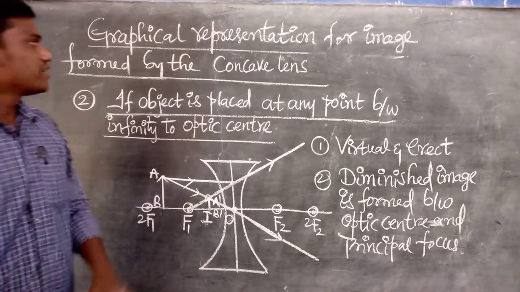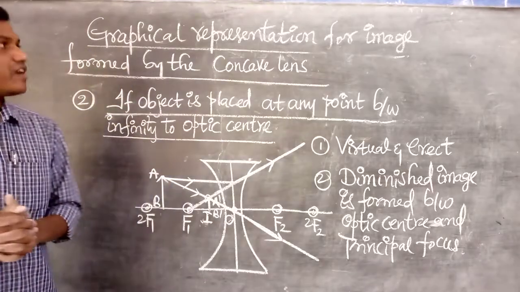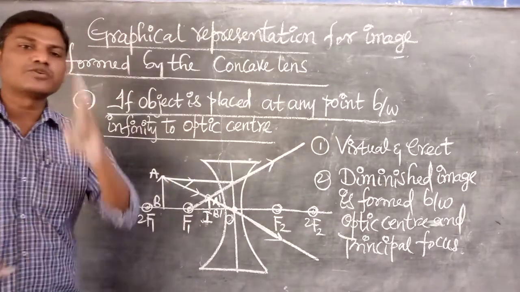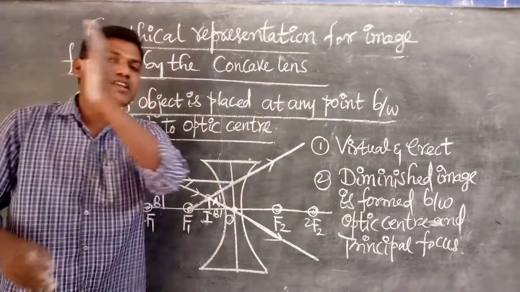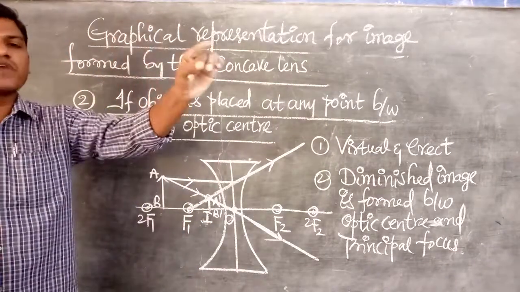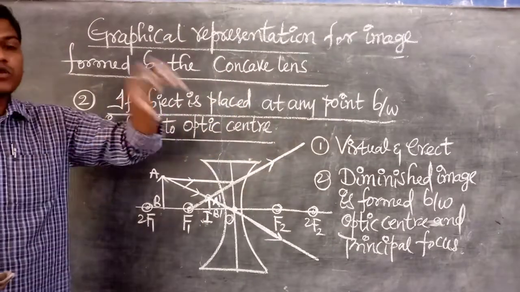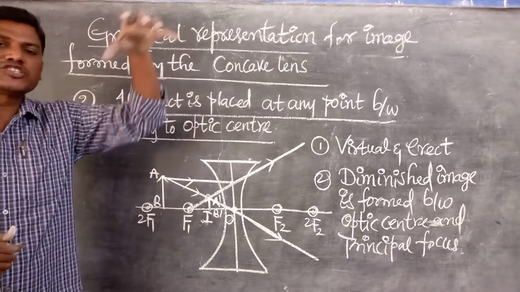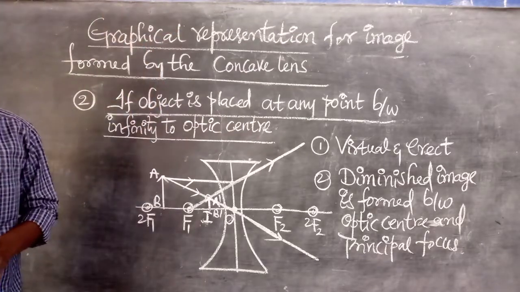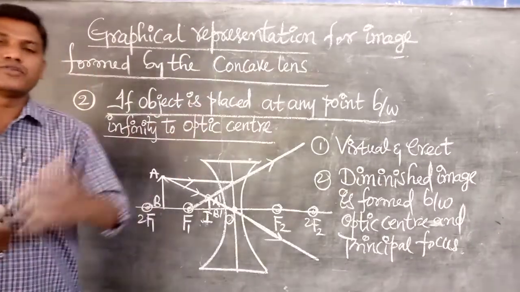So listen, in the case of a concave lens, there are only two graphical representations for image formation. One is when the object is placed at infinity: the image is formed at the focus, on the same side as the object. It is a virtual and erect image, highly diminished, formed at the principal focus. We observe this in the Galileo telescope.